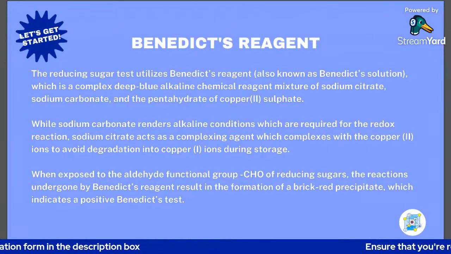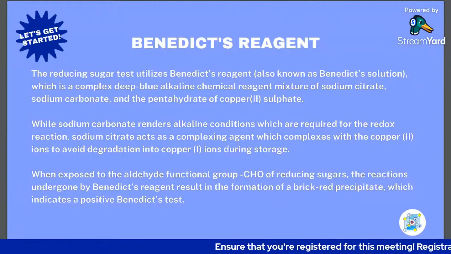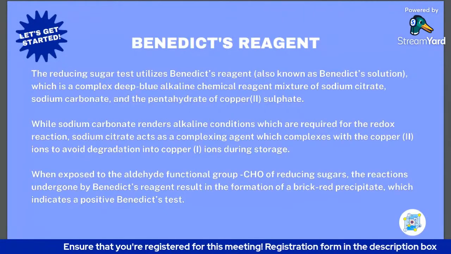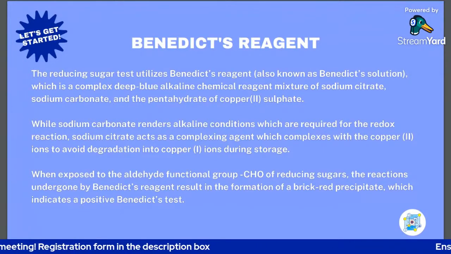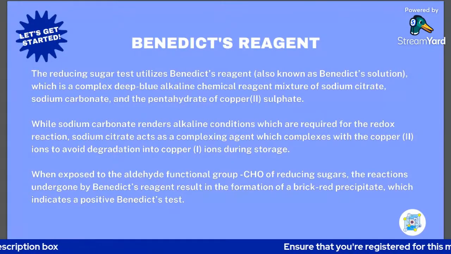When you expose the aldehyde functional group of the reducing sugar to the Benedict reagent, you will see the formation of a brick red precipitate indicating that you have a positive Benedict test. So in actuality, it is the aldehyde group of the sugar that is reacting with the Benedict reagent.